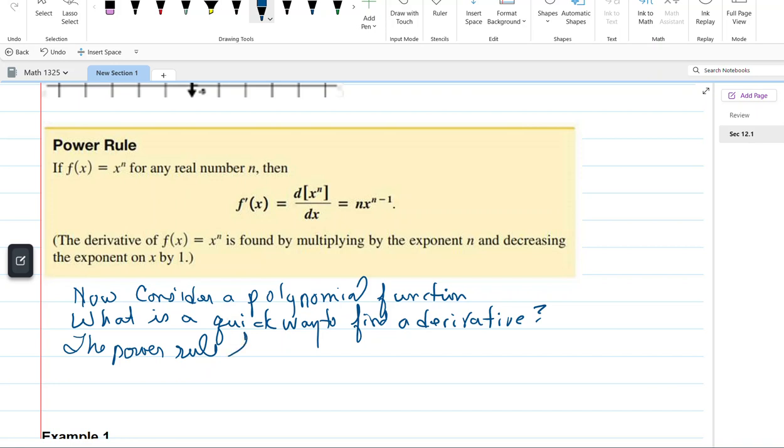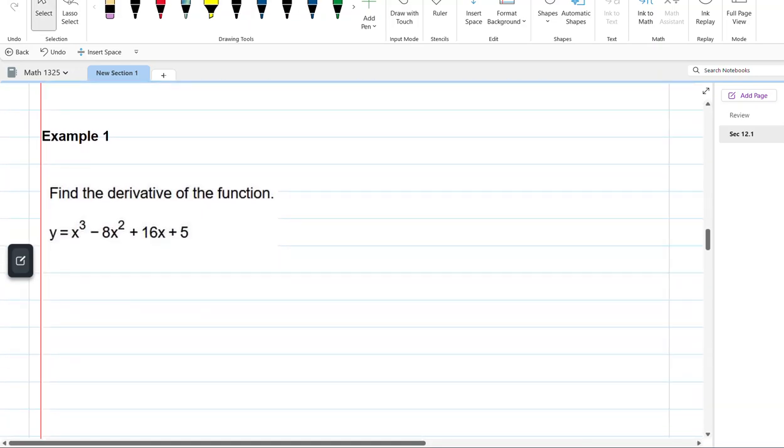As a pattern: the derivative of f of x equals x to the n is found by multiplying by the exponent n and decreasing the exponent on x by 1, so n times x to the n minus 1. Now we'll do an example.